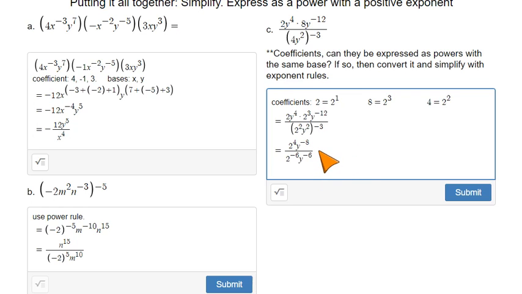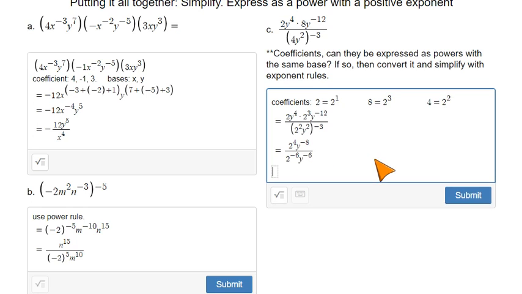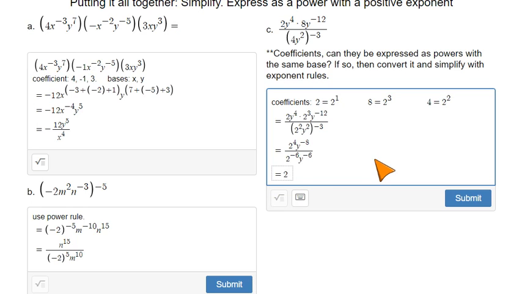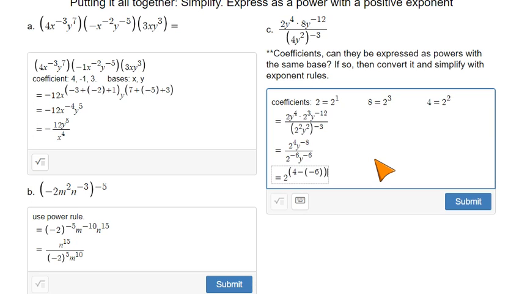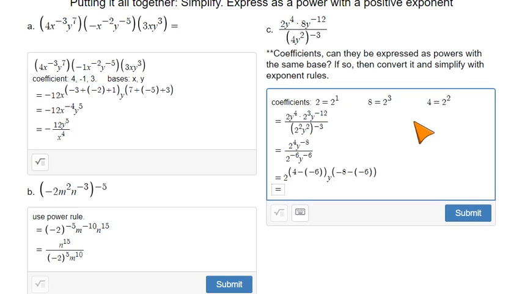Now let's simplify this by using the quotient rule. The quotient rule says that I'm going to take my exponents and subtract them. So we have 2 to the power of 4 minus negative 6, and y to the power of negative 8 minus negative 6.